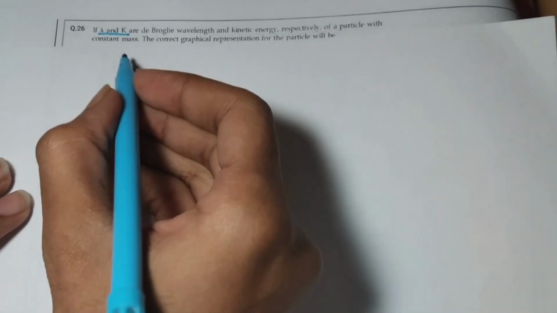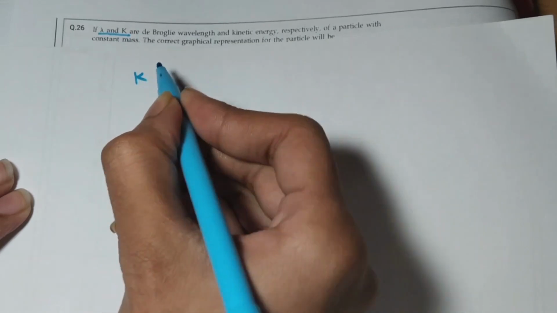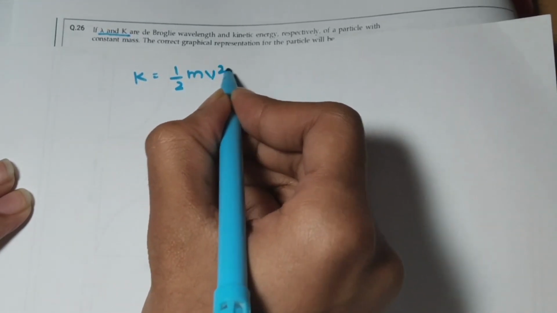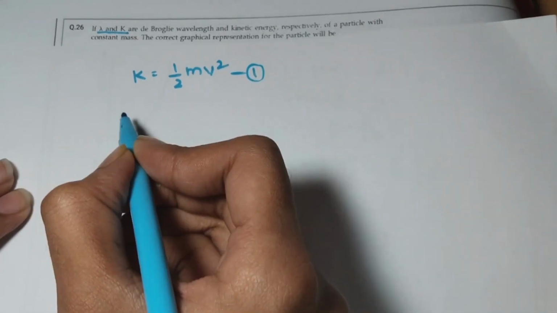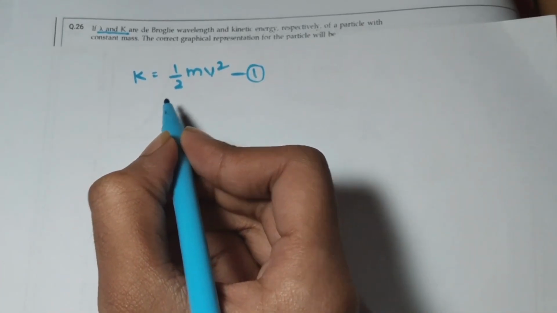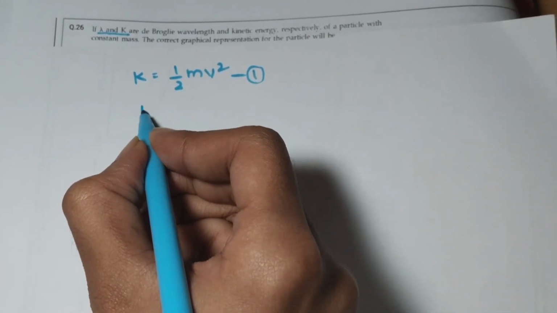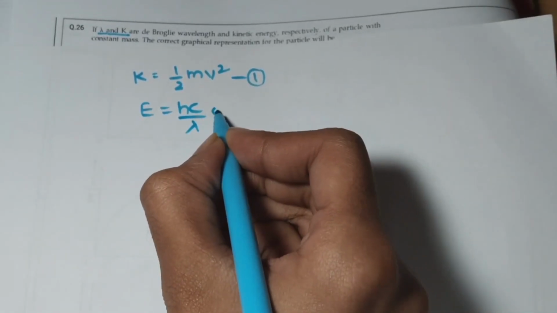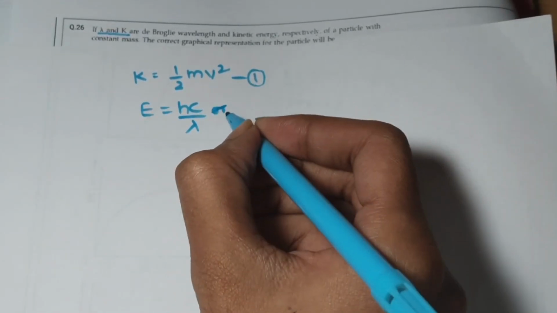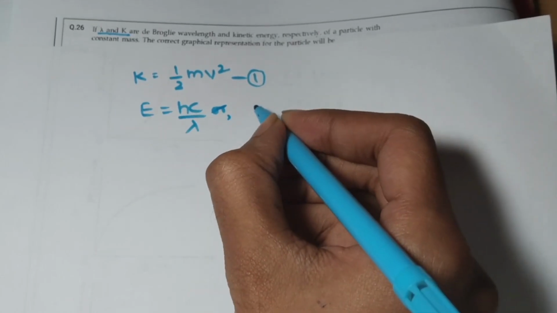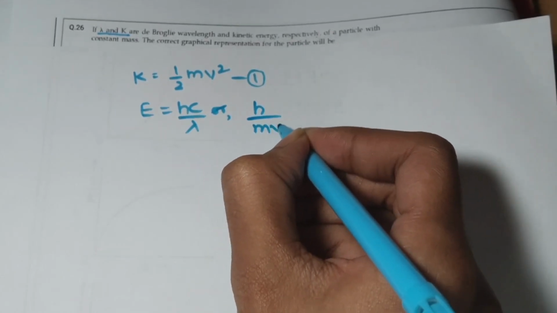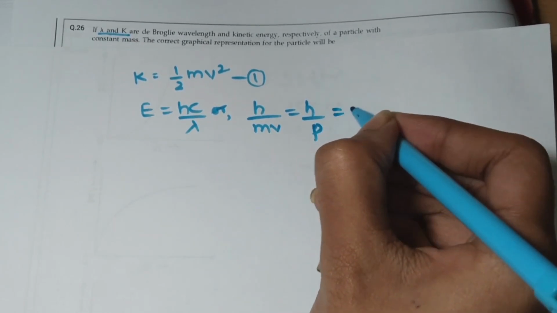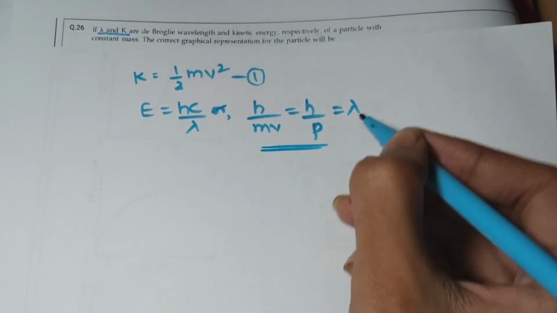See, we knew the kinetic energy formula k equal to half m v square, right? And we knew the relation E equal to hc by lambda, or we will use in this question h by momentum equal to lambda, which is de Broglie's wavelength relation.